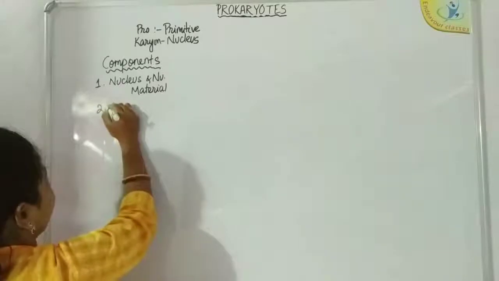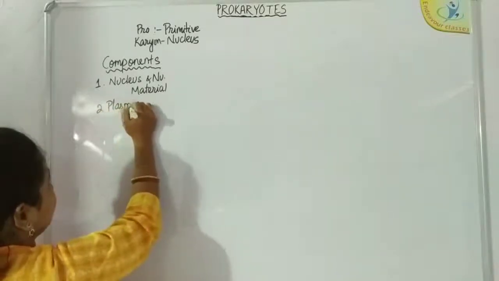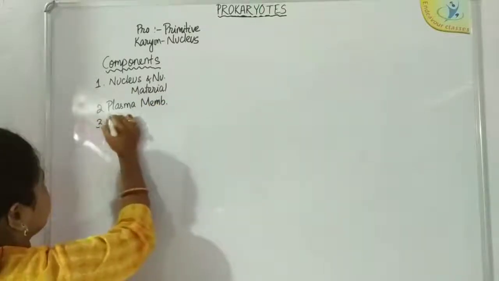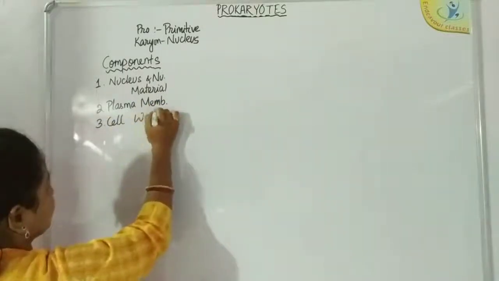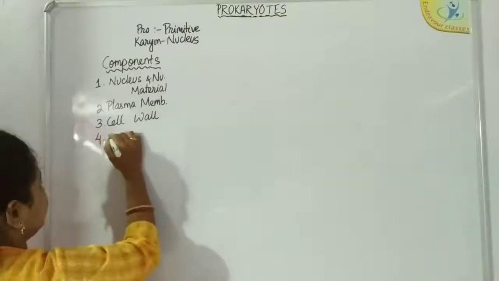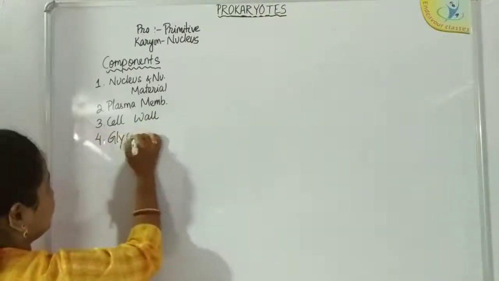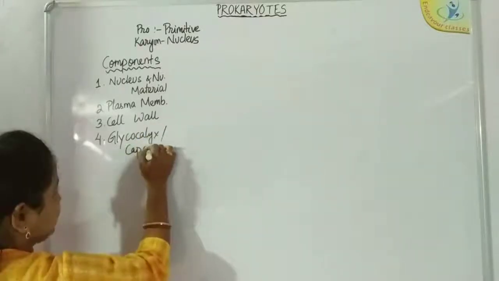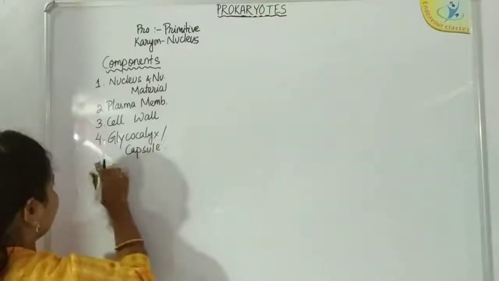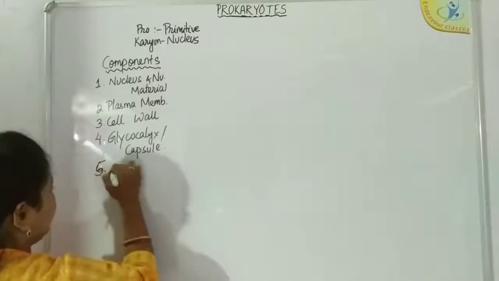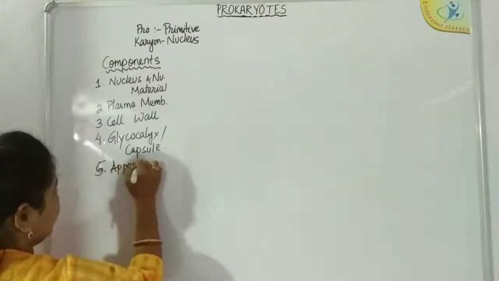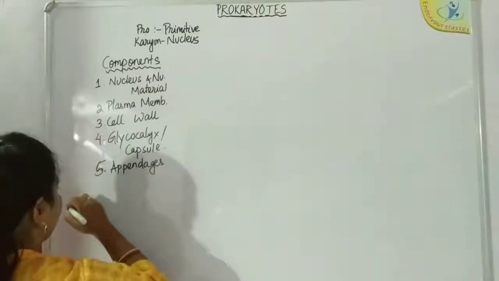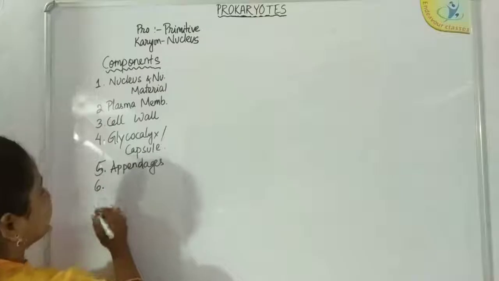Then the plasma membrane, cell wall, then glycocalyx or capsule, or it is called slime layer, then the appendages. Appendages are the protrusions from the cell surface.